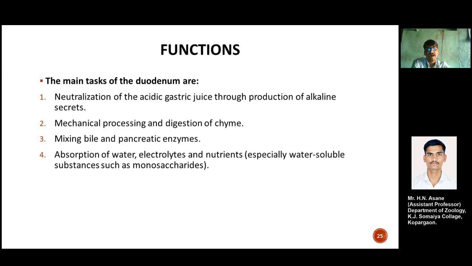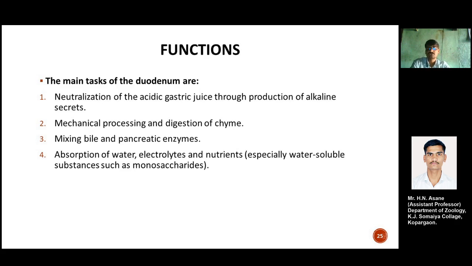Okay, so the absorption of water, electrolytes, and nutrients is carried out by means of this duodenum, especially the water soluble substances such as the monosaccharides, glucose, sugar, and all these things are absorbed, especially in the first part, that is nothing but the duodenum.